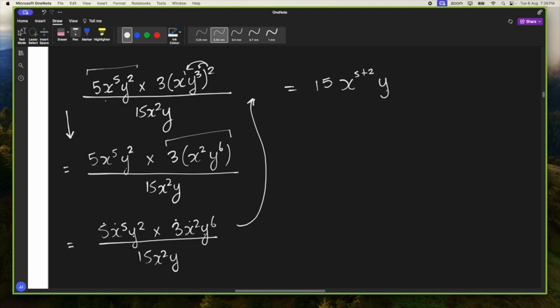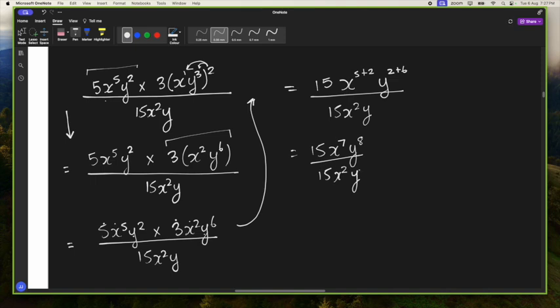So that'll be y to the power of 2 plus 6. And all of that will be over 15x squared y. So when I simplify this now, this is 15x to the 7, y to the 8, all over 15x squared y.